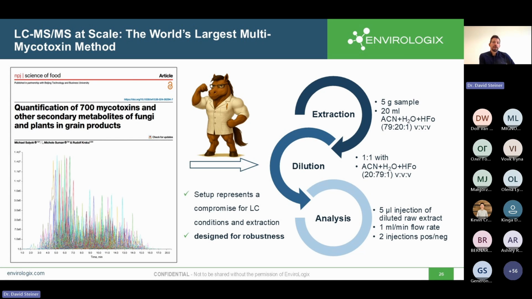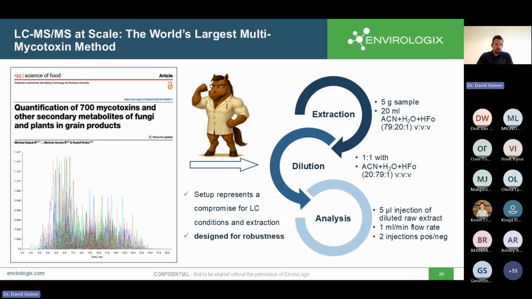And one of the most impressive and, I would say, comprehensive methods for mycotoxin testing in the field was actually developed by my former colleague and operational supervisor of my PhD thesis, Michael Sulyok at BOKU Vienna. This impressive method covers more than 700 mycotoxins and other secondary metabolites, making it the most extensive multitoxin approach currently in operation on this planet, I would say.